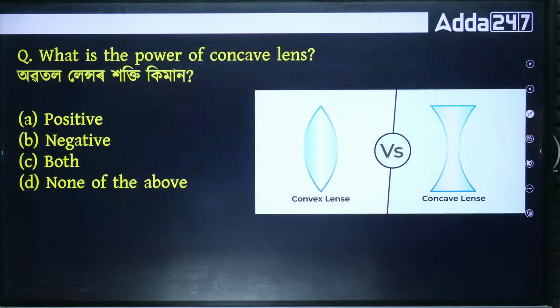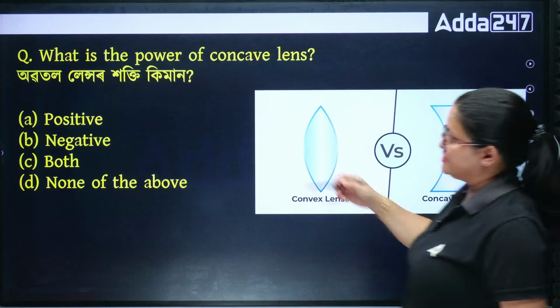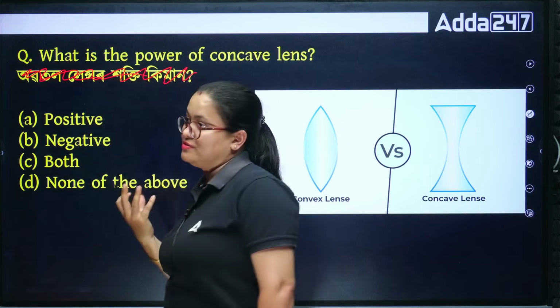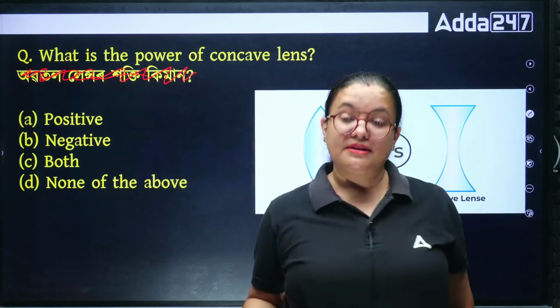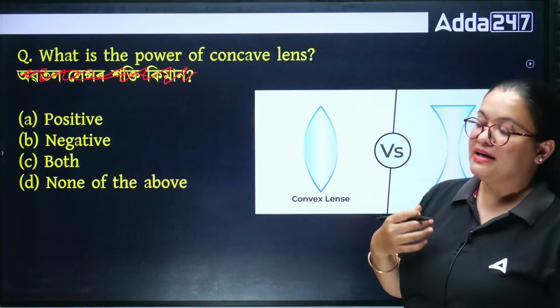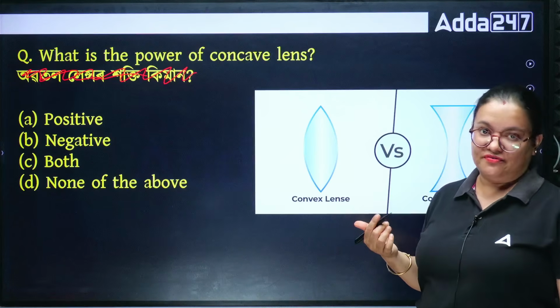Okay, next. What is the power of a concave lens? Now think of a situation where I cannot see objects at a distant place, right? I cannot see objects which are very far away from me. In that situation, what disease am I suffering from?